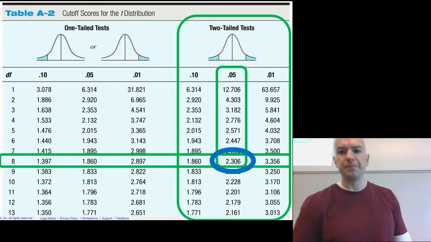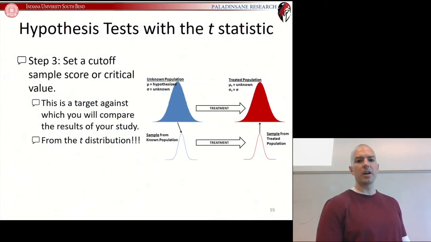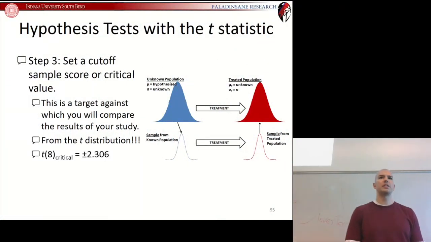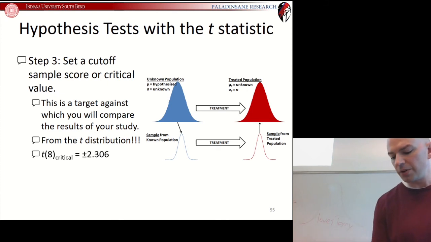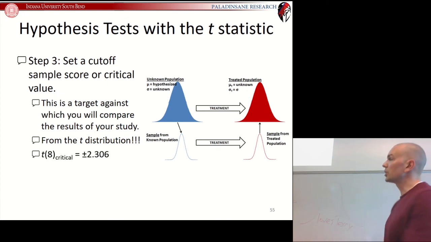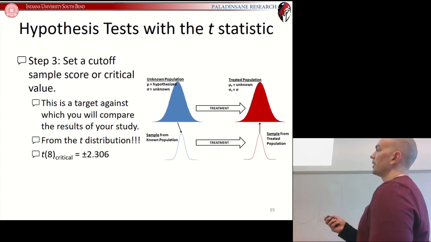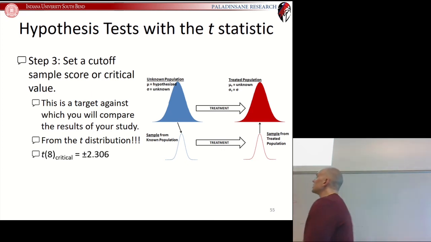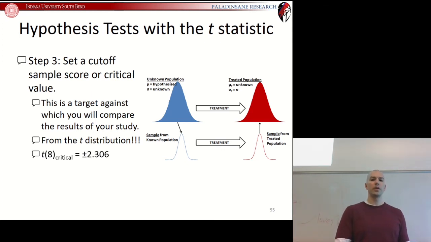All right. So we have our cutoff scores. This is the way it's typically reported. So t-distributions, because they change with the degrees of freedom, you report the degrees of freedom when you use a t-distribution. So we have a t-distribution with 8 degrees of freedom, gives us these cutoff scores of plus 2.306 and minus 2.306.